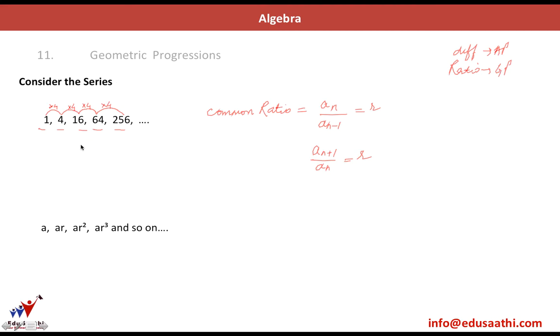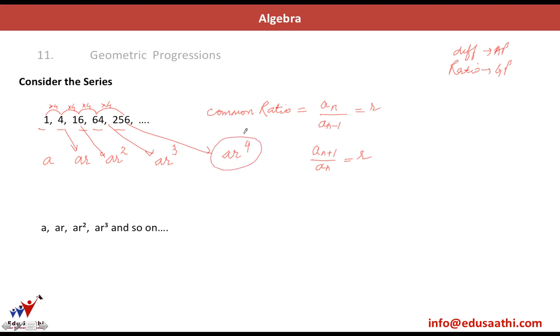So if I have to write all the terms in terms of the first term, it will be a, which will be multiplied with r to get the second term, which will again be multiplied with r, giving r square, to get the third term, which will again be multiplied with r to get the fourth term, and again by r to get the fifth term.